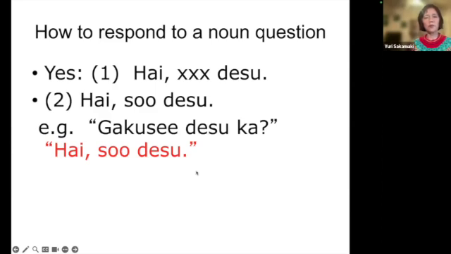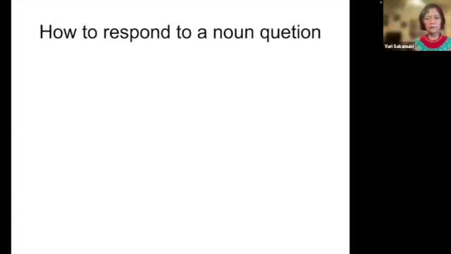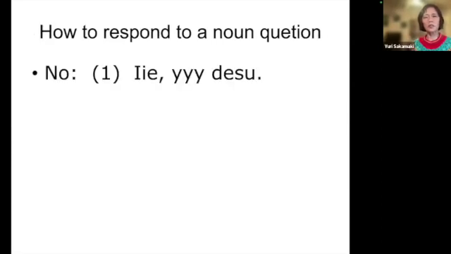Then you're just affirming that my assumption about you being 学生 is correct. Another way to respond to a noun question would be to use a negative. No, I'm wrong. So if you're not a student, but a teacher, you can say いいえ, which is no. いいえ、先生です.